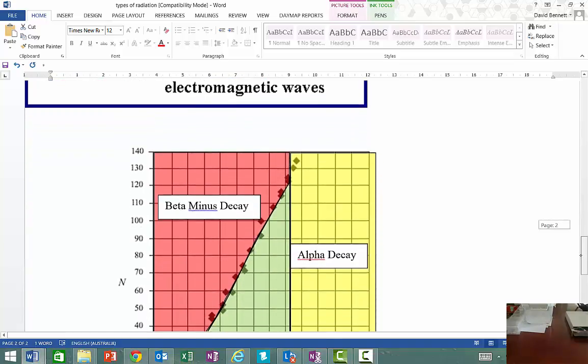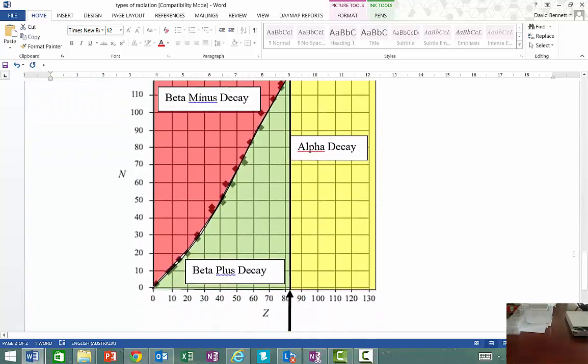Now, when we're looking at the ratio of neutrons to the atomic number, what we see here is that when we've got smaller atoms, generally the ratio is 1 to 1.